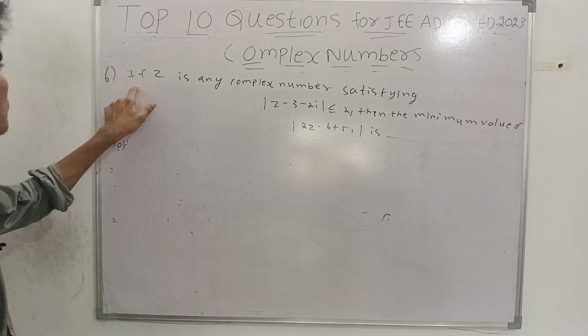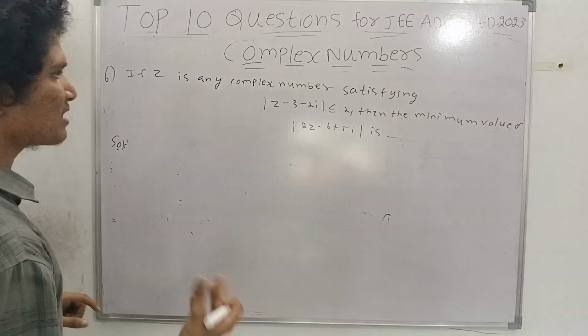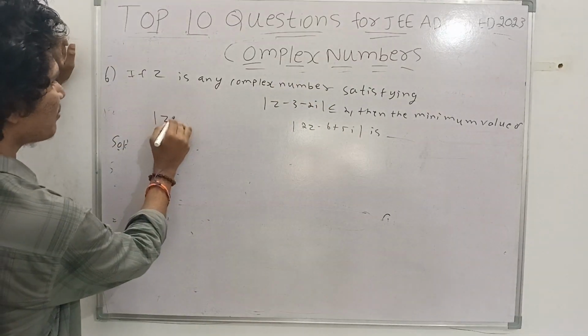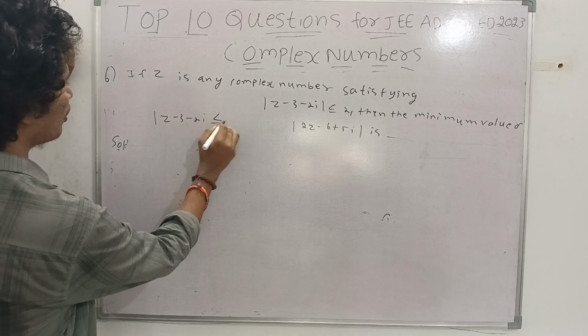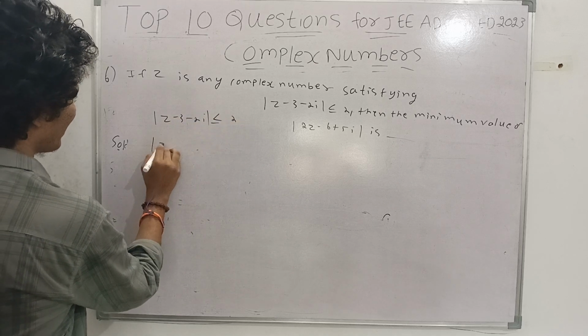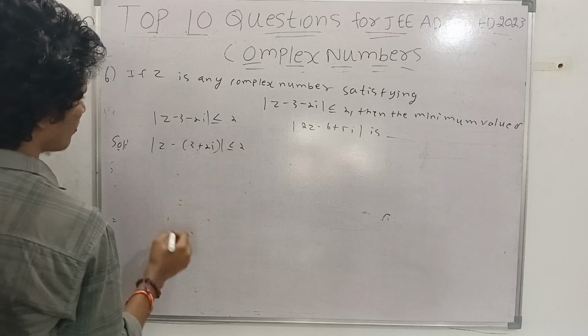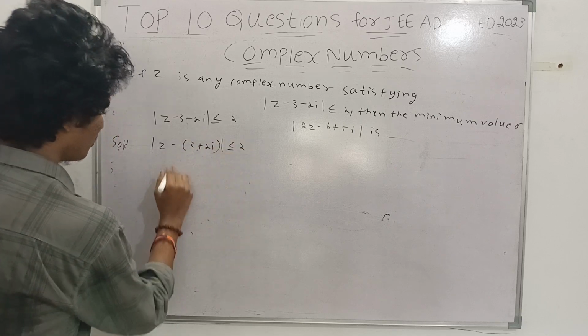Really important question, guys. We can assume z is any complex number, and it should satisfy this relation. If you observe carefully, if I take common minus, it will be z minus (3 plus 2i) less than or equal to 2, and this is a circle.